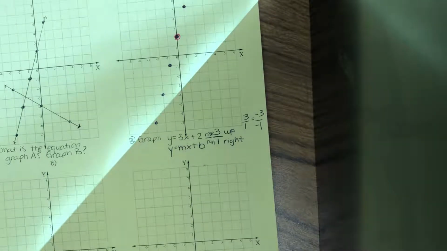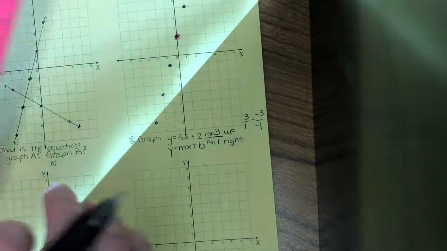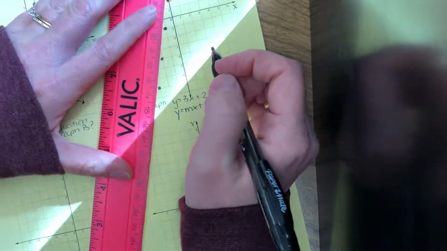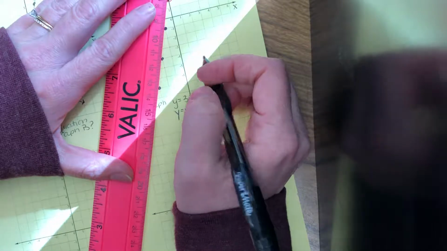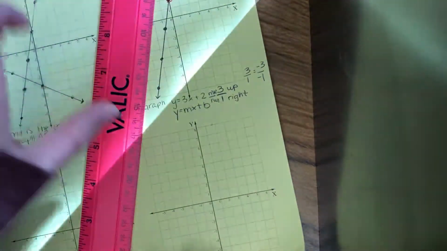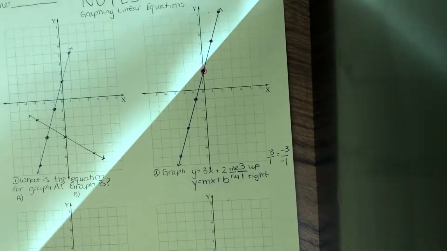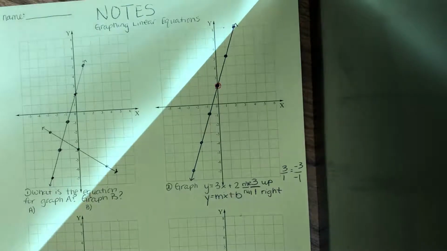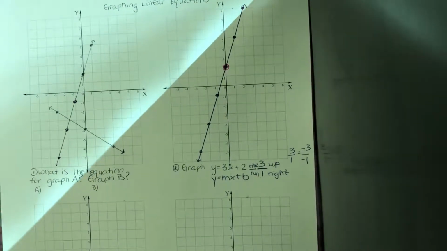Okay, and then I want you to have a straight line. So use a ruler and connect your coordinates. I'm putting arrows on both ends because the line keeps going in both directions.